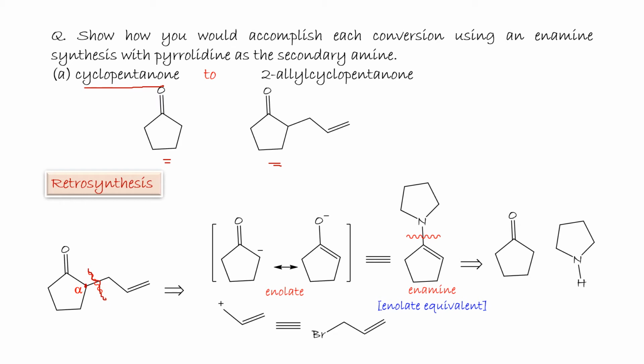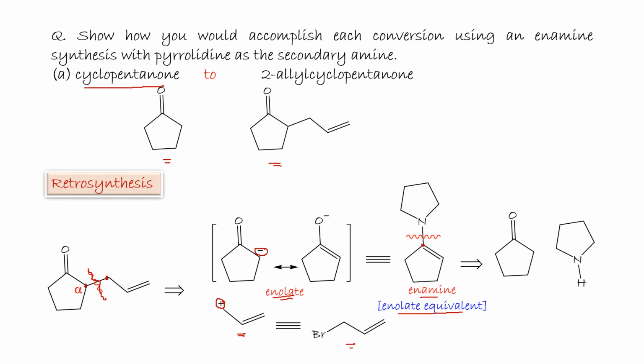This will be negative, and this species will be positive. This is the synthon, and for the enolate, we mentioned that enamine is an enolate equivalent. So this is the synthetic equivalent, and for the allyl carbocation, the allyl bromide will be the synthetic equivalent.